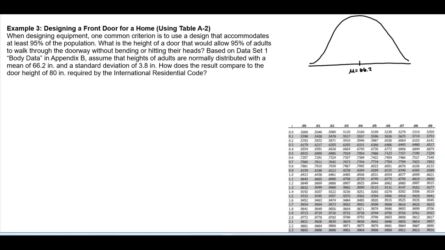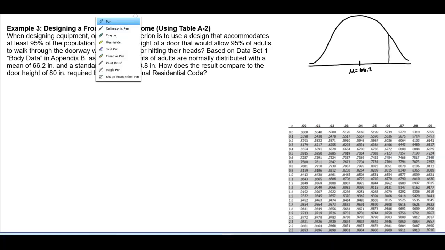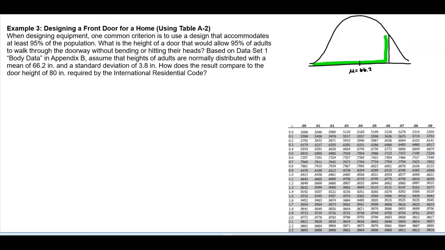So what they're saying here is that if we shade 95% of that curve, so let's go ahead and shade 95% of that. So if we shade 95%, then this is going to represent that area of 95%.